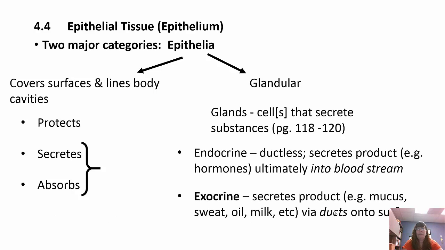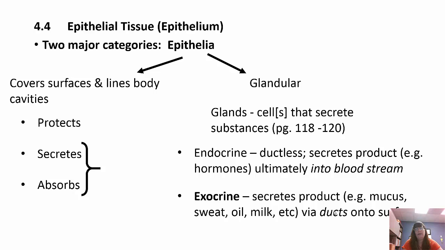So we have two main categories of epithelial tissues, or epithelium. We have those that cover surfaces and line the body cavities. And then we have glandular. Glands are cells that secrete substances. We have two types of glands, endocrine glands and exocrine glands.